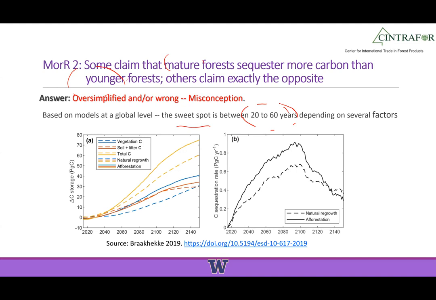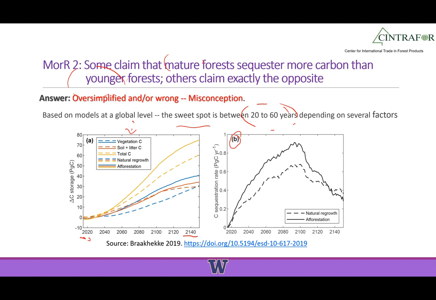So here, let me introduce you to these two diagrams or plots. The one to the left, A, is the carbon storage in a plantation forest, where the plantation is planted in 2020, and what happens over the 120 years. And panel B of this figure is the growth rate.